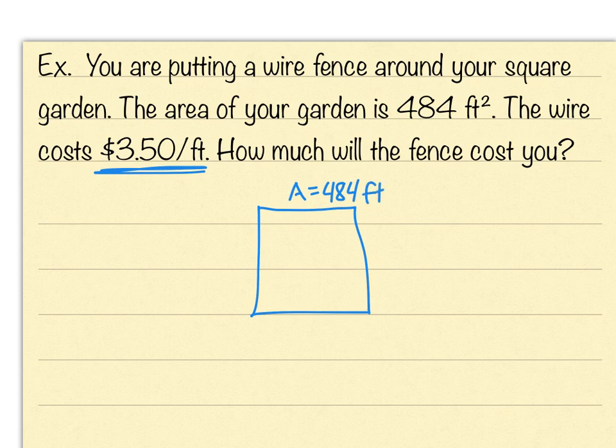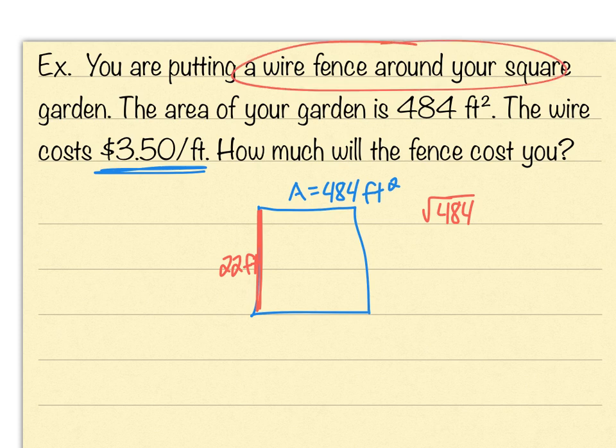And so I need to square root in order to find the root, or the side length, of my square. The square root of 484 is 22. And so each side of the square is 22 feet. Now, if I'm putting a wire fence around my square, I need the perimeter. Because all four sides are equal, I can just multiply this number by 4 to get 88.